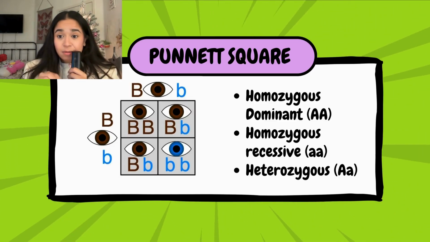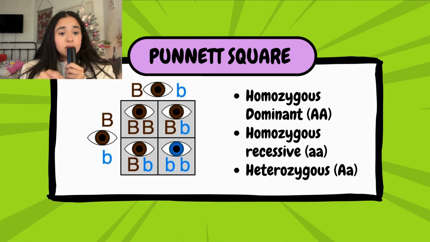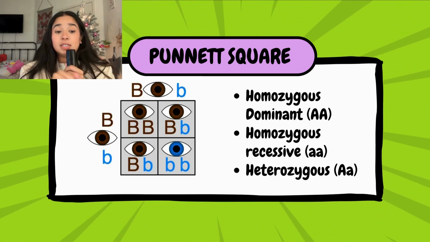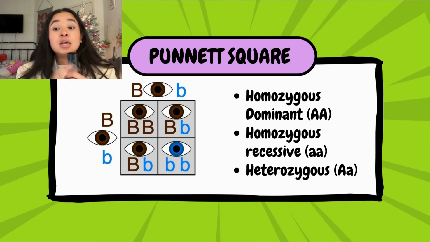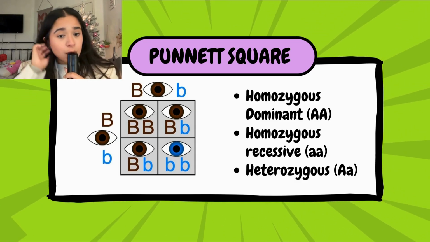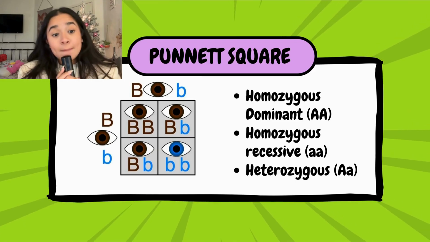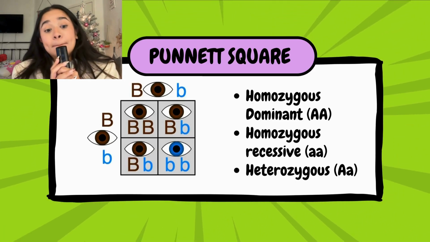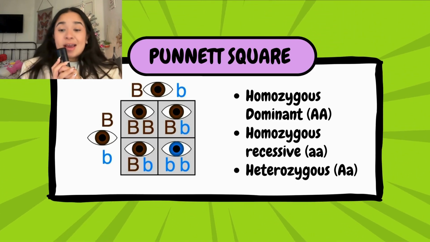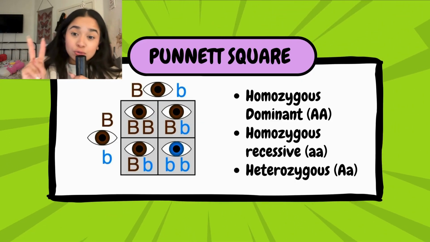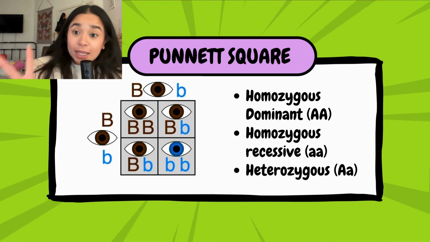When we combine them within the squares, for example, the first one on the top left is 2 big B's, meaning brown eyes. Or homozygous dominant, because there are 2 big B's. But if we have big B, little b, that is heterozygous, meaning we have 2 different letters.